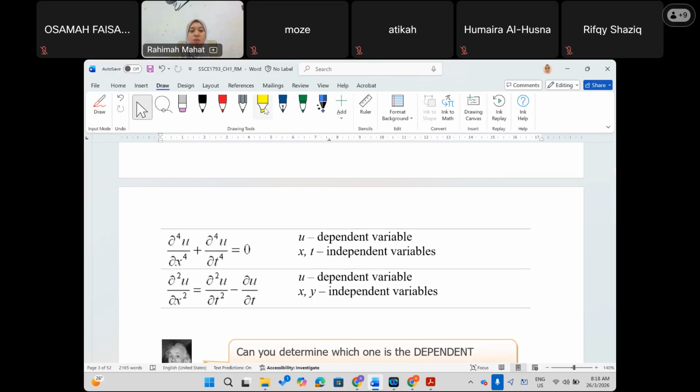This one is similar to the previous ones. This is your independent, because that is the denominator, and the upper part here is dependent. Similar to this one, you have x and t. X and t we call the independent, and u is the dependent.